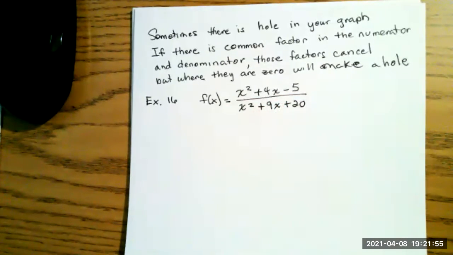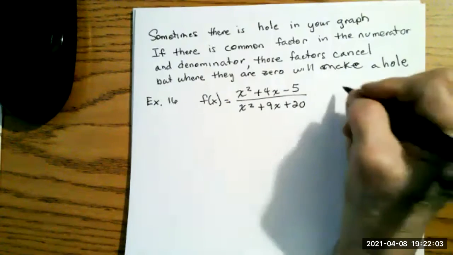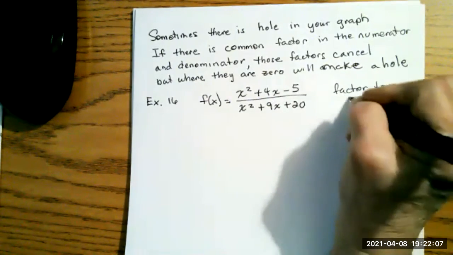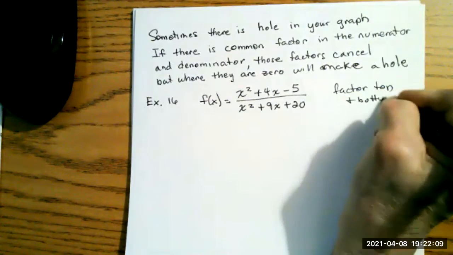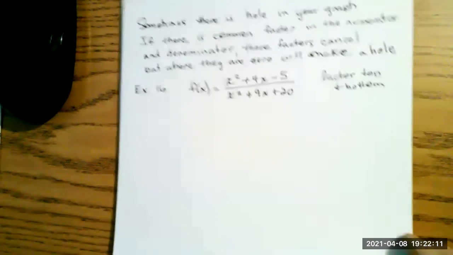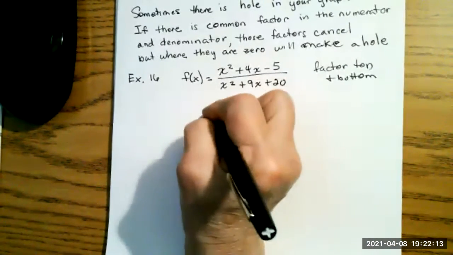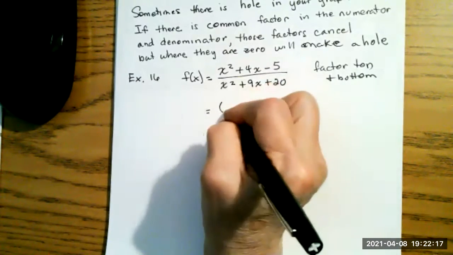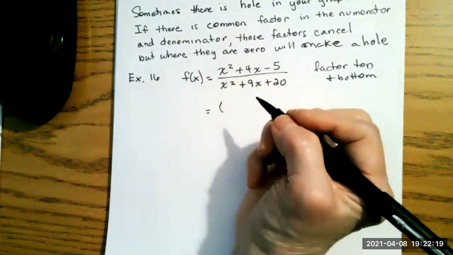We have x squared plus 4x minus 5 over x squared plus 9x plus 20. All right, what you want to do is factor the top and the bottom if you can. And we can. So the top factors into, let's see.